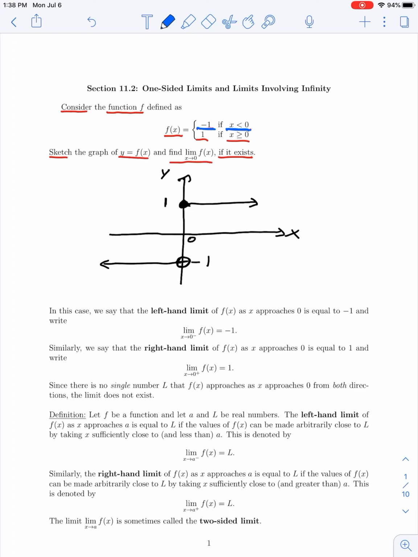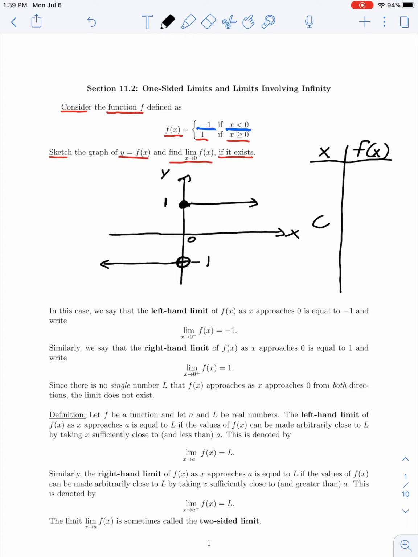So we're asked to find the limiting value of this function f of x if it exists. And the way that we had considered this in the last section was to consider a table of values for x and the corresponding f of x.